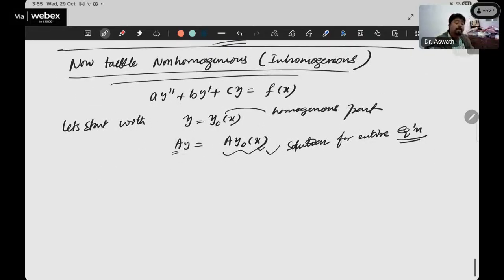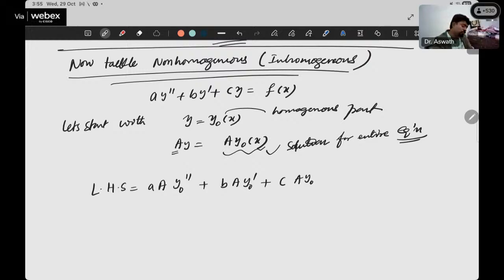Now if we substitute back into the above equation, what happens to the LHS? I'll have a into y naught double dash plus b into a into y naught single dash plus c into a y naught.